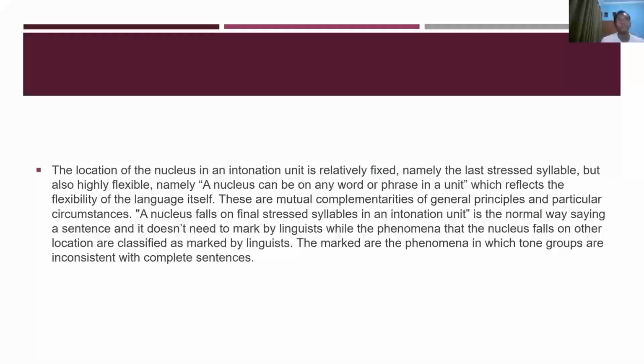A nucleus falling on the final stressed syllable in an intonation unit is the normal way of saying a sentence, and it doesn't need to be marked by linguists, while the phenomena in which the nucleus falls on other locations are classified as marked by linguists.